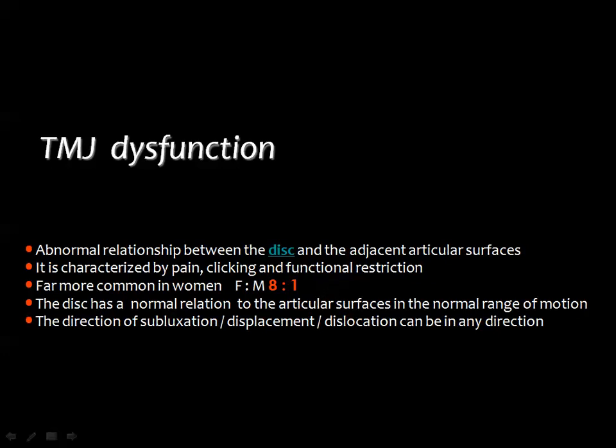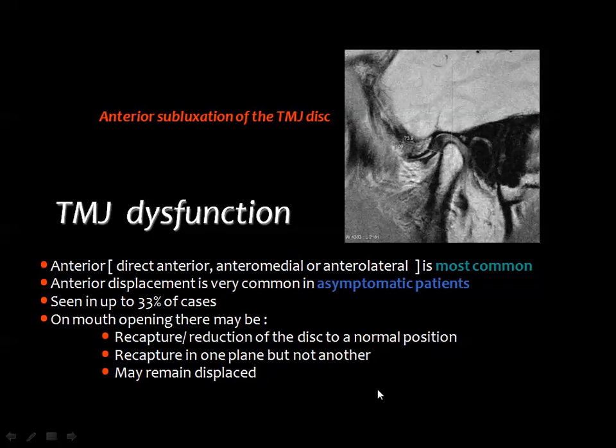And this disease is very, very common in females compared to males, and this is the range of incidence in both sexes. The disc, as I have mentioned, has a normal relation to the articular surface, and the narrow part of the disc, which is the intermediate zone, should be present between the head of the mandible and the articular eminence.